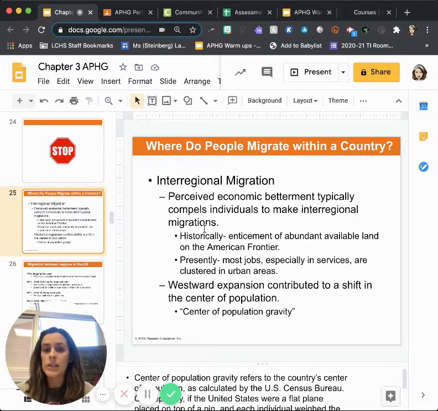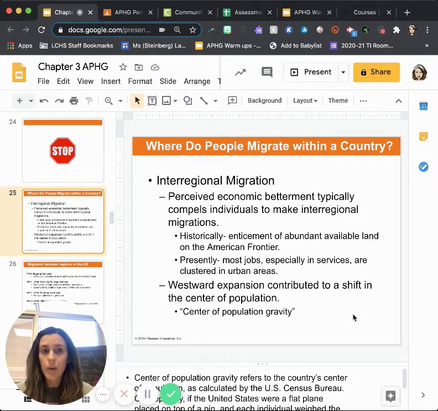Historically, we saw enticement of abundant available land on the American frontier, enticing people to leave the east coast of the United States and move to other regions in the US. Presently, it's mostly jobs that are enticing people to move, especially jobs in the service sector that are clustered in urban areas. And so that compels people to leave one region and move to another region.